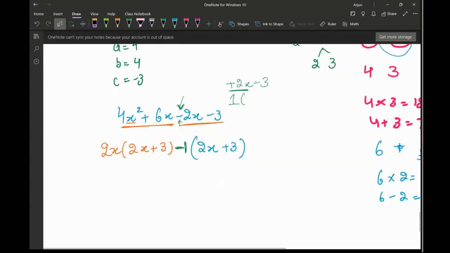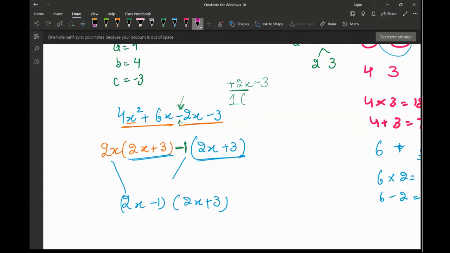Now I will collect these two terms. This is going to give me 2x minus 1, and then I will write 2x plus 3 here. Whenever you are factoring, whatever you get in the bracket will always be the same. Whatever value you get here has to be exactly as the other bracket.